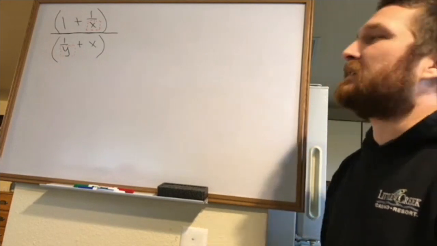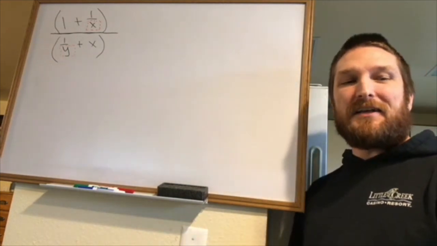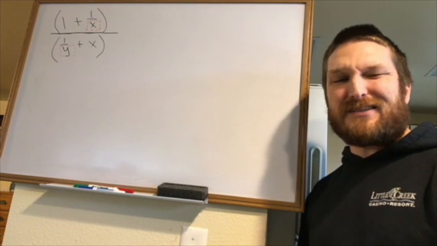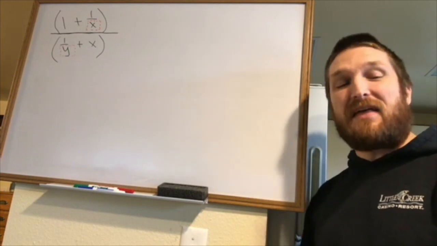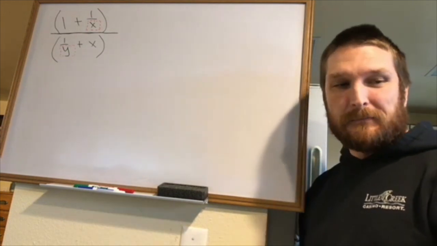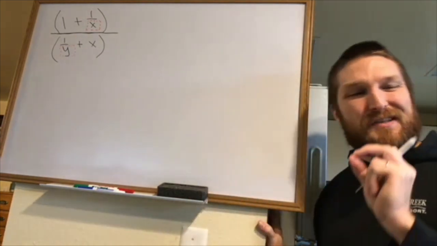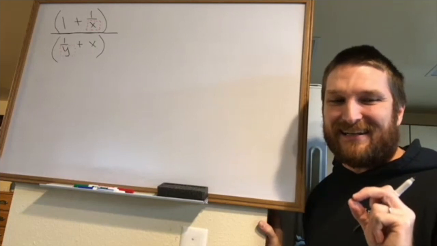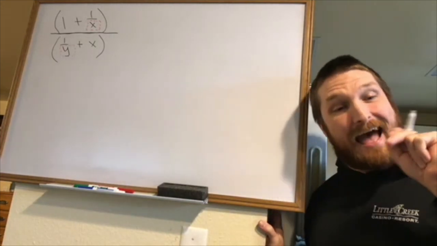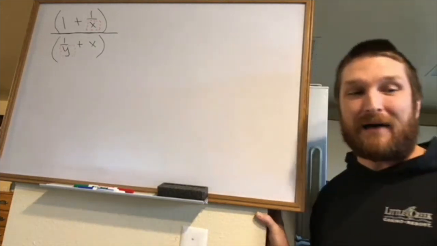Looking at the top, what's in the denominator on the top half of that? X. How do we kill an X in the denominator? What's the only thing we could multiply by that would kill that X? X, right? Don't make this harder on yourself than it needs to be. The only way to get that out of the denominator is to multiply by it.